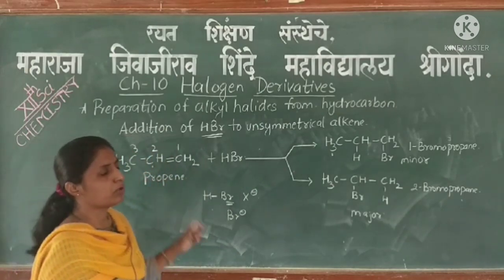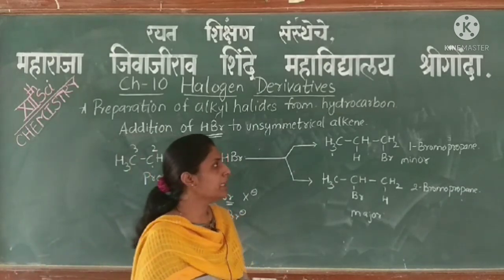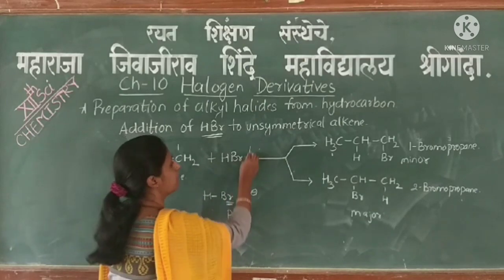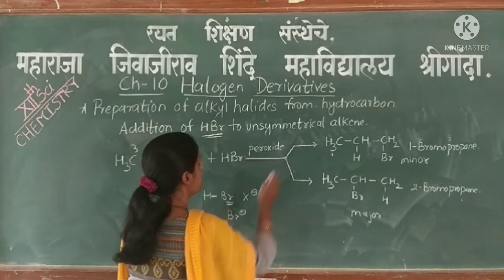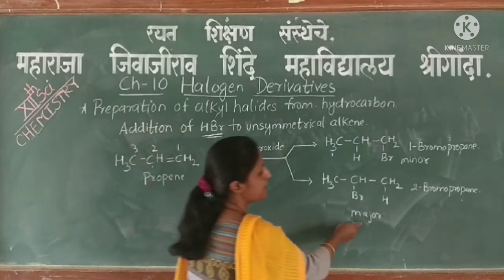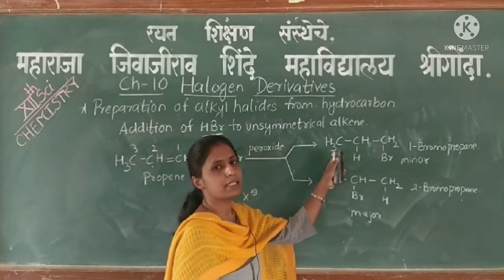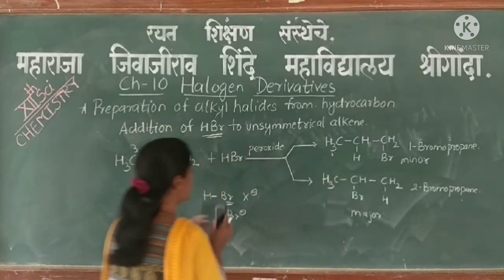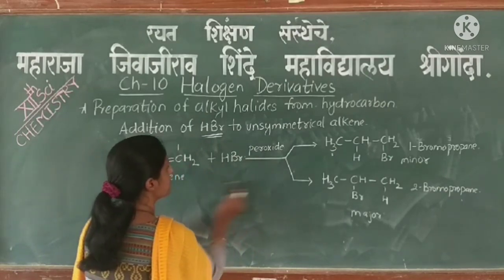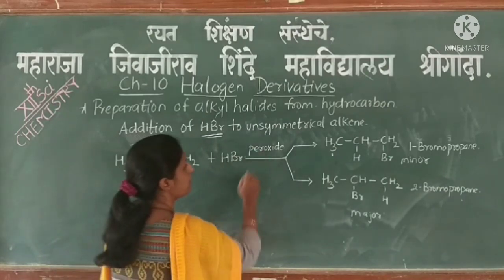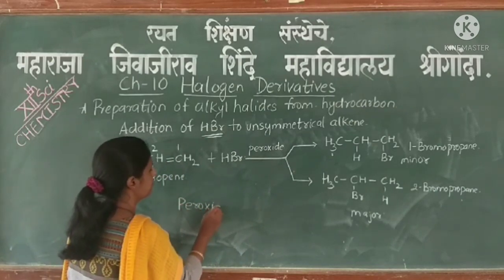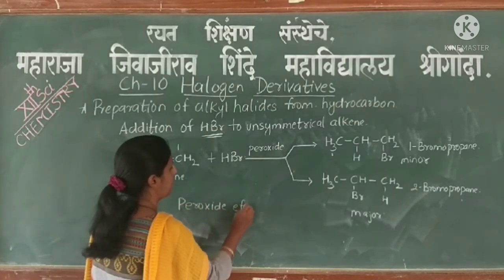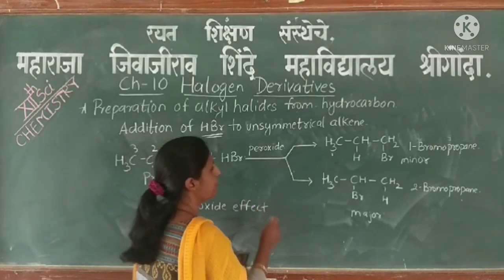But this Markovnikov's rule is not followed if you are using peroxide. If you are using peroxide, you don't get this as major, you get this as the major compound. Now why is it so? When you are using peroxide, this is called the peroxide effect.